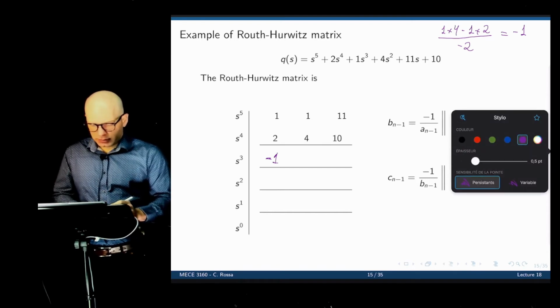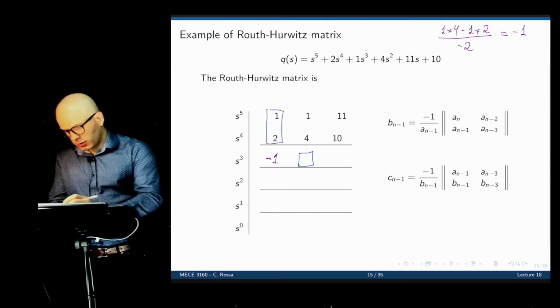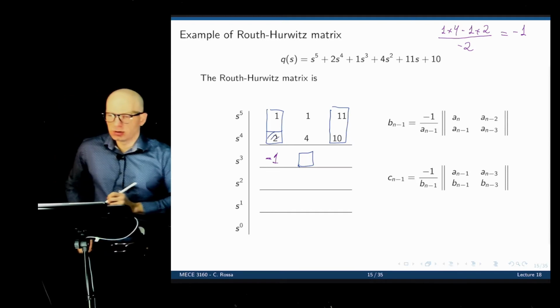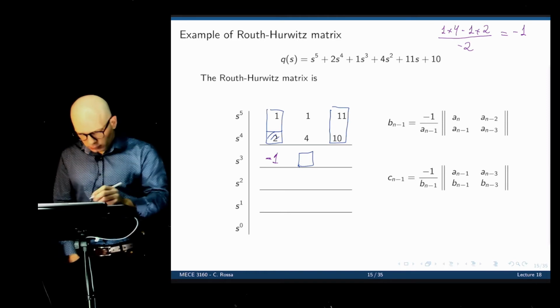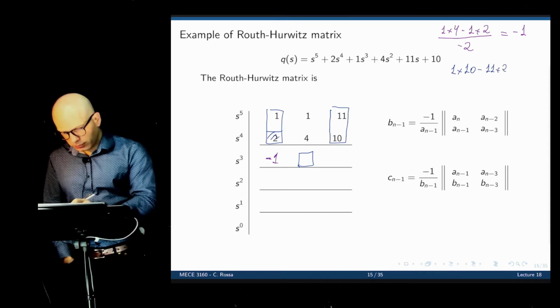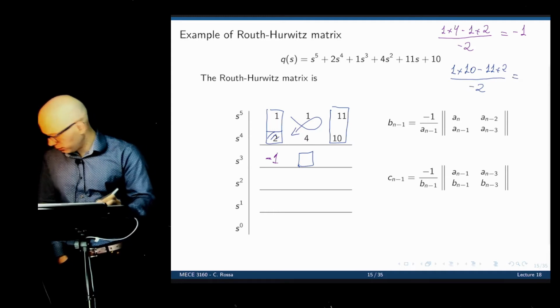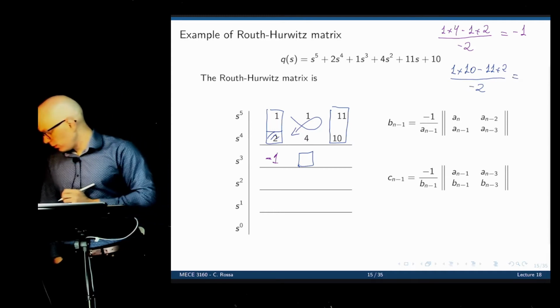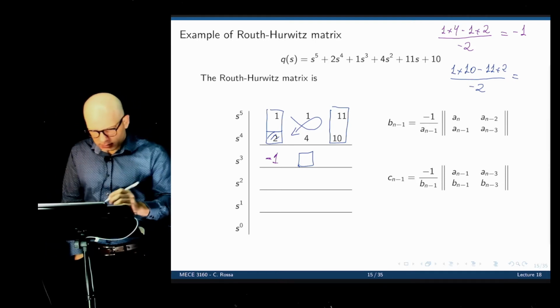Now let's move on and do the next one. That's this one here. For that one, we'll take this column and that column, and again consider the bottom left. What is the determinant? It's 1 times 10 minus 11 times 2, divided by -2, which is 6.